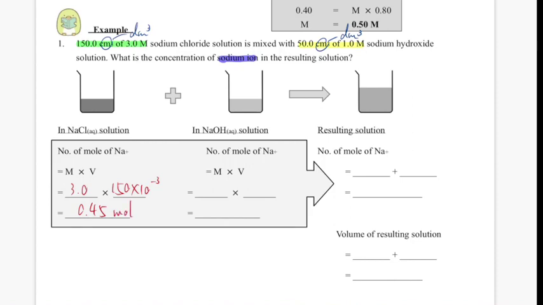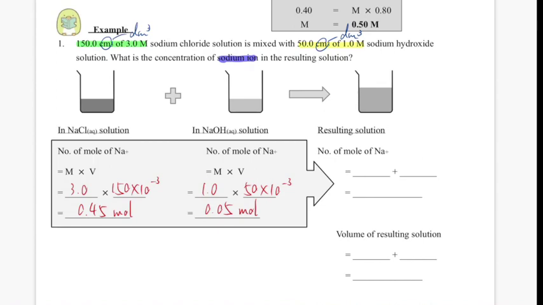That's for the sodium chloride solution. And then for the second solution, we have sodium hydroxide solution, molarity is 1.0, and then the volume we got 50 cm cube. Again, convert it into dm cube, so times 10 to the power of minus 3. So it will give us 0.05 mole of sodium ion.